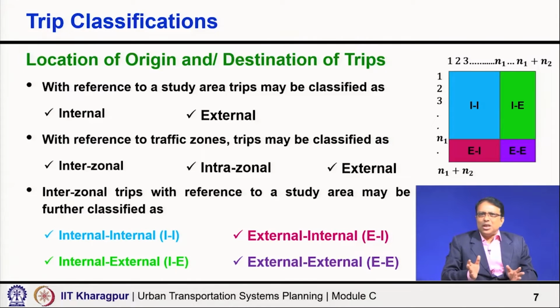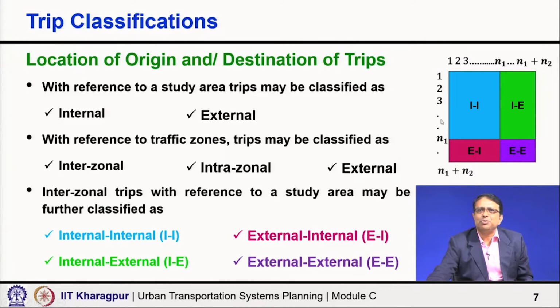Now, externally there are also some zones we can consider. Let us say I have N2 zones which are external. So, my total number of zones is N1 plus N2: N1 internal zones within the study area and N2 external zones. Look at this green segment, which I have written as IE.